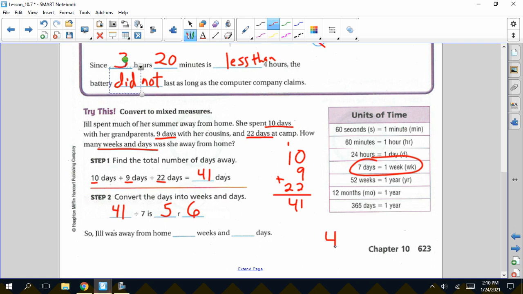So we have 5 remainder 6. That means she was away from her home for 5 weeks and 6 days. 1 more day, and she would have made it to 6 weeks.